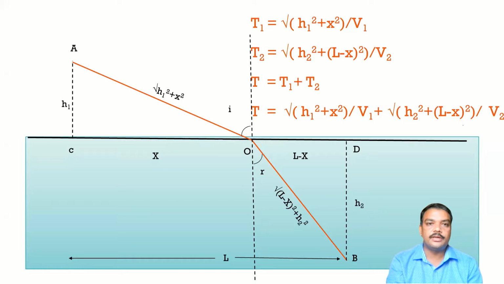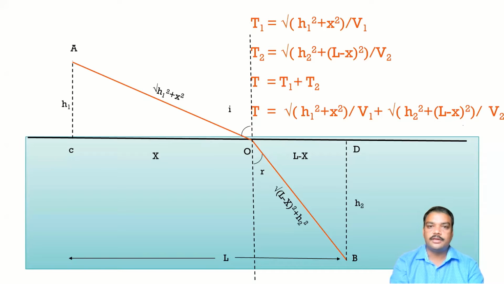The length of the hypotenuse becomes square root of h1 square plus x square. Here, h1 is the distance of the incident ray from the surface of water.